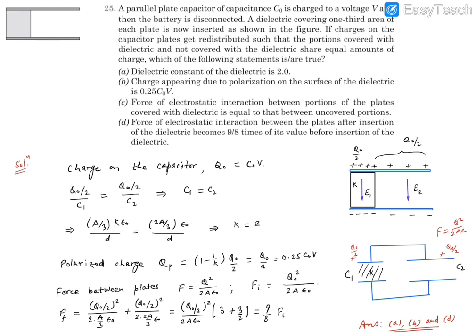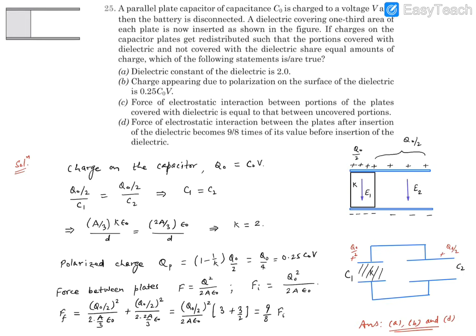You'll find the plate areas are different. One is 1/3, another is 2/3. Due to different plate areas, forces will not be identical even though they have identical charges. Hence the interactive force between the plates is different in the two portions, that means the portion covered with the dielectric and not covered with the dielectric. So C is not correct.